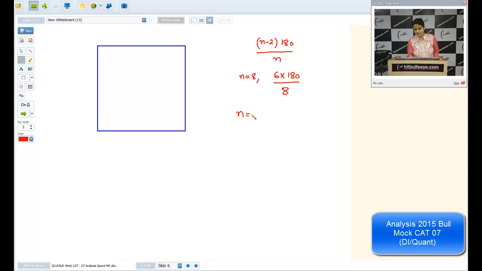And in case of dodecagon, it will be 10 into 180 divided by 12. Now you can do the calculation part. It will be 135, and in the 12 case, it will be 150.